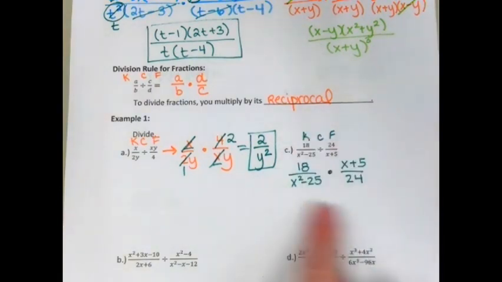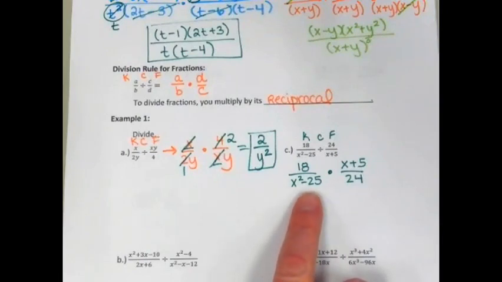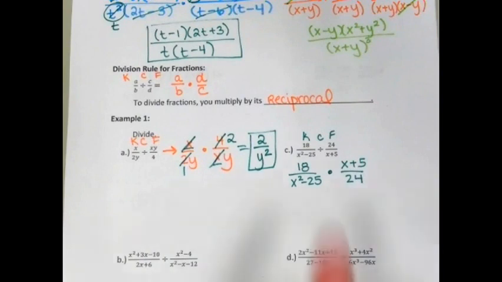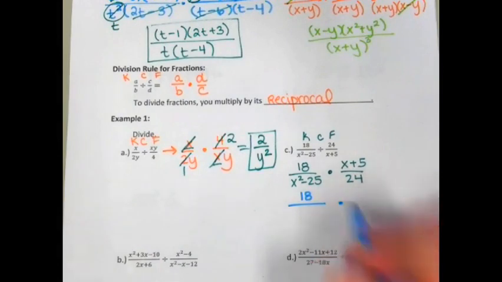What do I need to do first here? What's the first thing I always had to do as soon as I see plus or minus signs? Factor. So 18 can't be factored, but can x squared minus 25 be factored? Go ahead and factor that real quick for me. What does x squared minus 25 factor to? Give you a second to think about that.